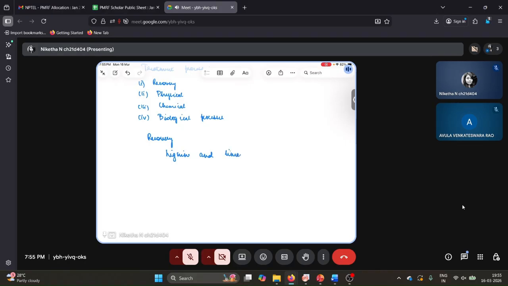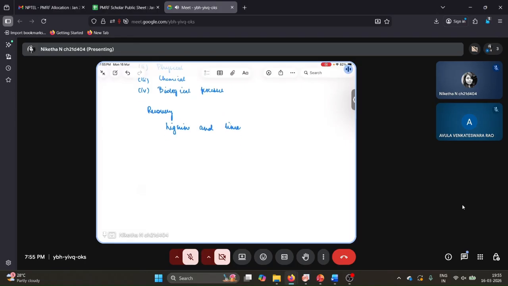This is done so that we don't need to buy lignin and lime over and over again. They can just be reused after recovering them. Then we do chemical treatment to remove color.